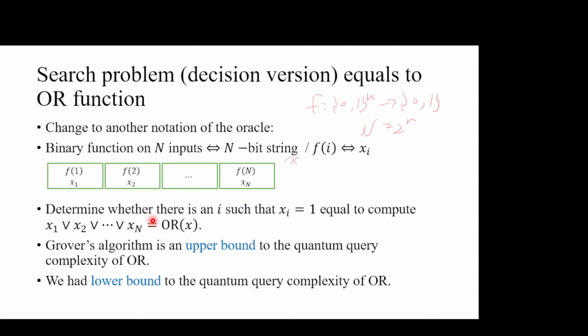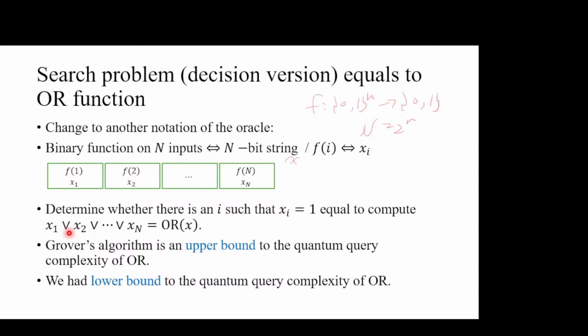When all those bits are 0, you OR them together, it will become 0. Only when all those bits are 0 does OR of x equal 0. When any of them equals 1, because OR between 0 and 1 is still 1, that 1 just keeps propagating, and you will get the output equal to 1.